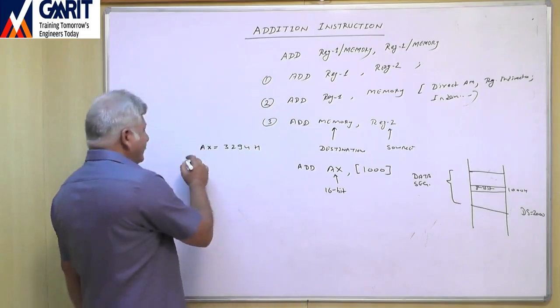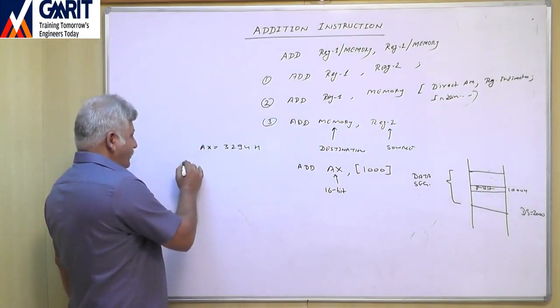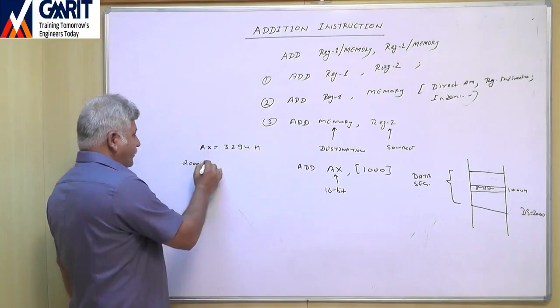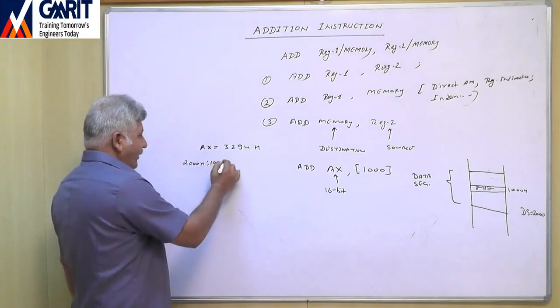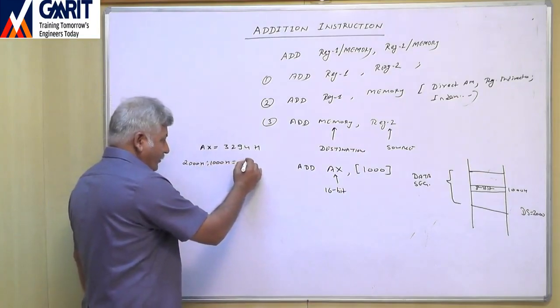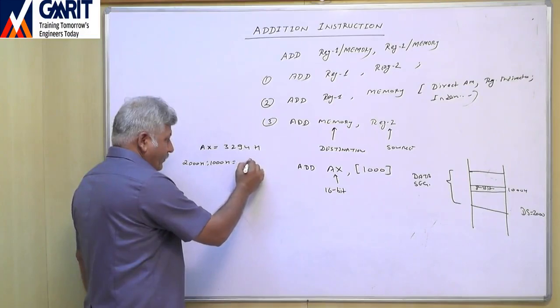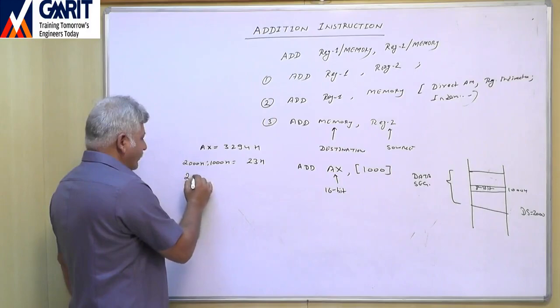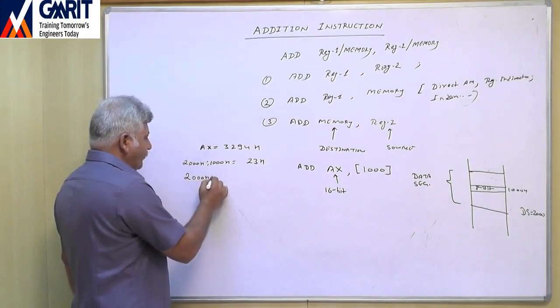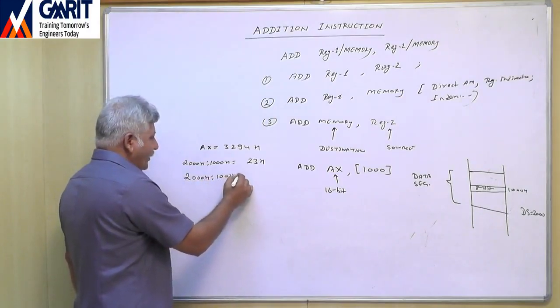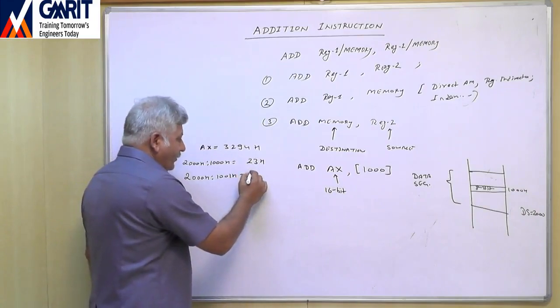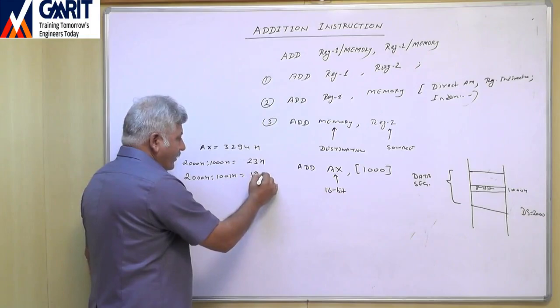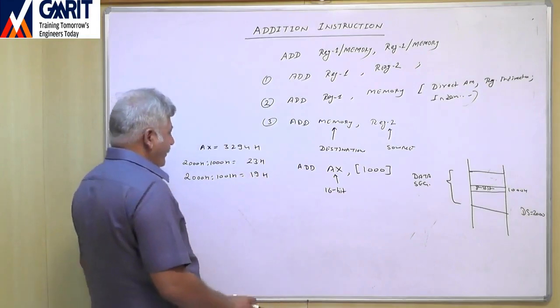Now at 2000H colon 1000H we are having some 8-bit number, 23H. At the next offset, 2000H colon 1001H, we are having another 8-bit number, that is 19H. Okay.